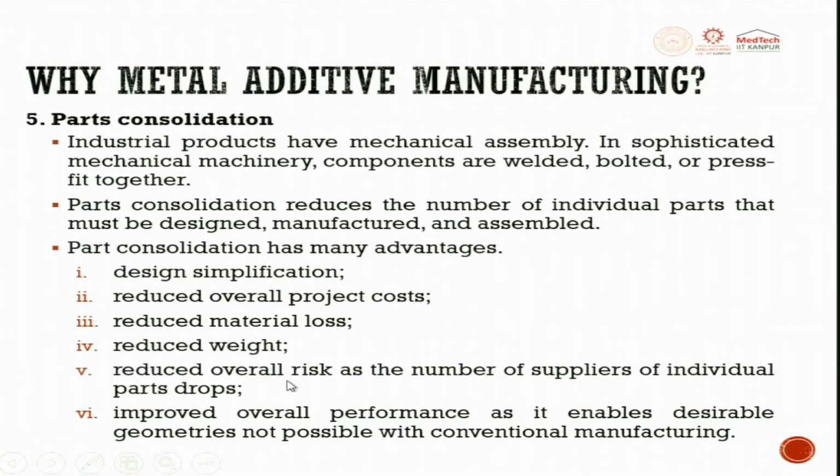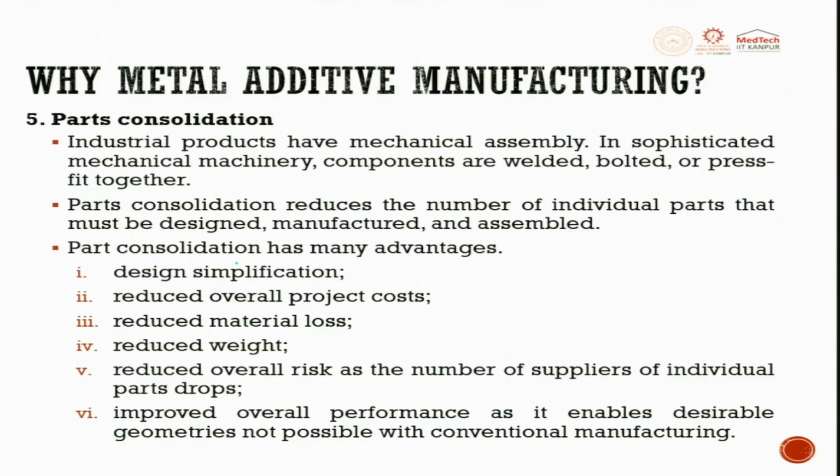In aerospace particularly, part consolidation matters. Industrial products have mechanical assemblies. In sophisticated mechanical machinery, components are welded, bolted and pressed together. So here in additive manufacturing you try to replace them. Part consolidation reduces the number of individual parts that must be designed, manufactured and assembled. So in manufacturing, first is to produce, next is tooling.